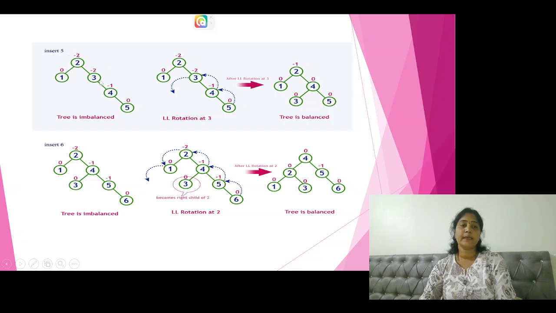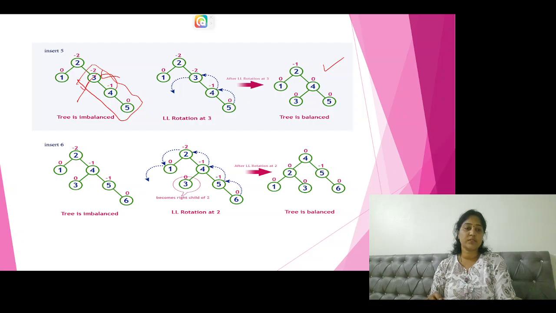See, here it is violating the rule. First you set this portion, which is completely right skewed. First rotate here so that 3 will come here and 4 will be here. Now the balance factor of this subtree is balanced.